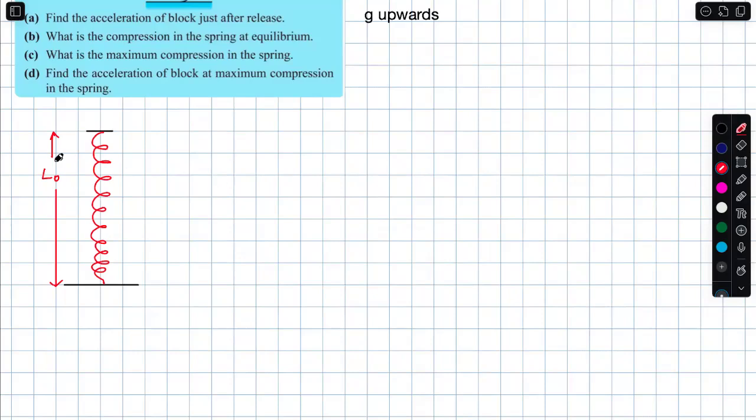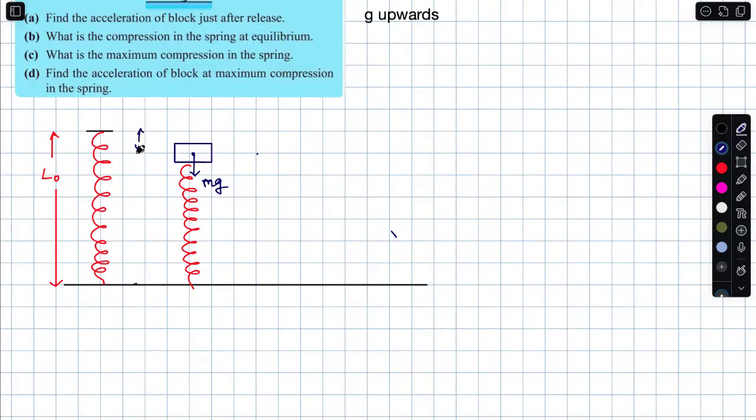At some point of time, when the block is here, mg, force acting downwards.